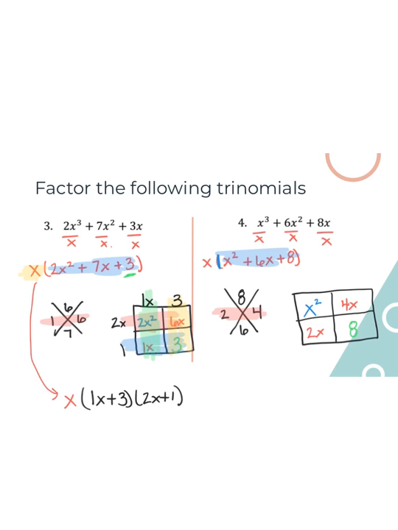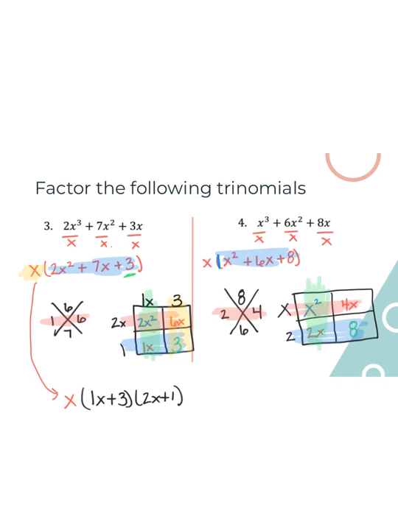Okay, now I'm going to find what's in common. So x squared and 4x, they both have an x in them. 2x and 8, they both have a 2 in common.